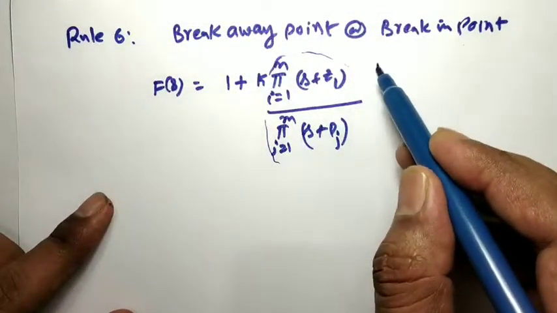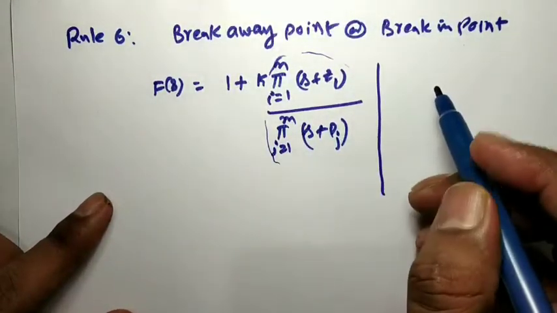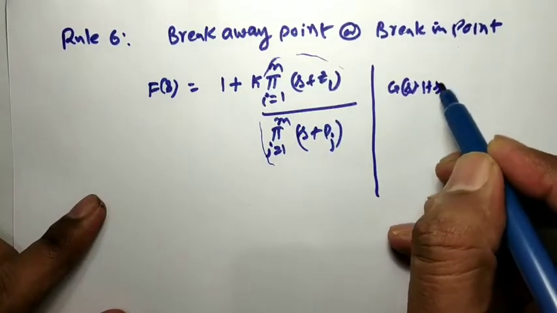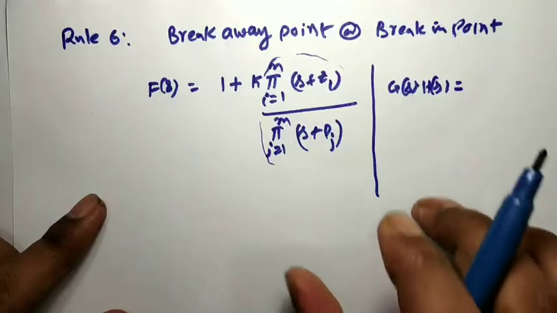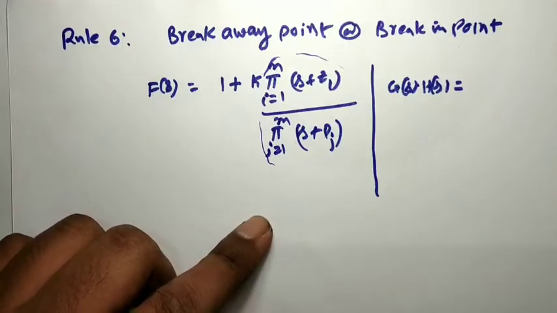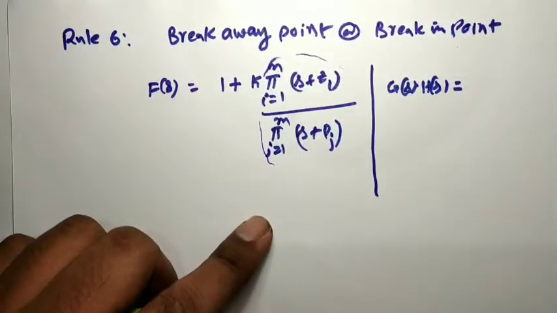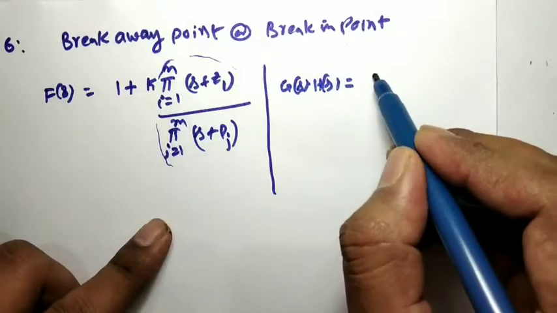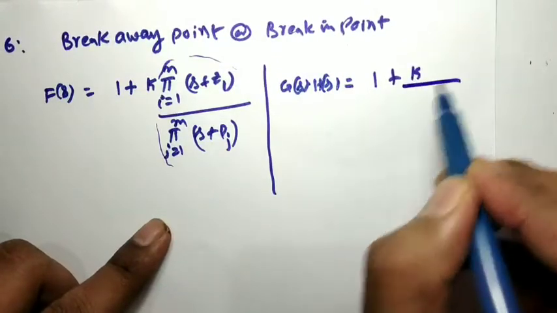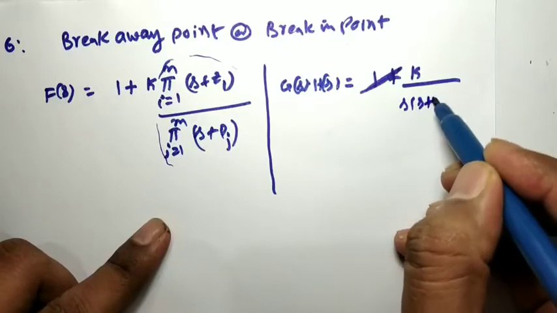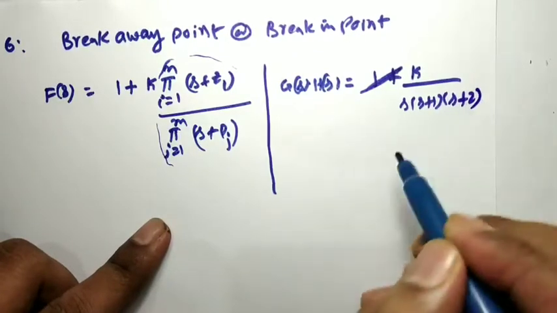Taking unity feedback, G of s into H of s here is equal to K by s into s plus 1 into s plus 2.